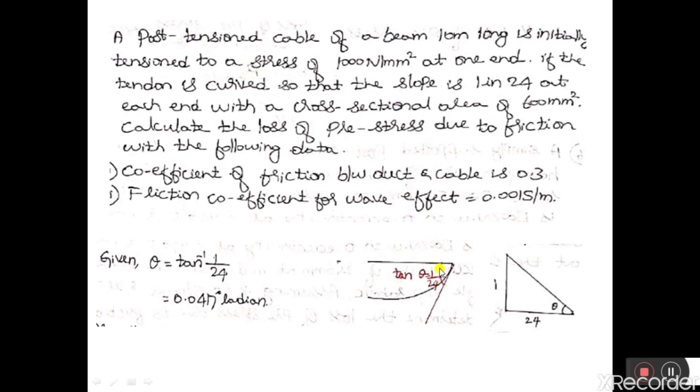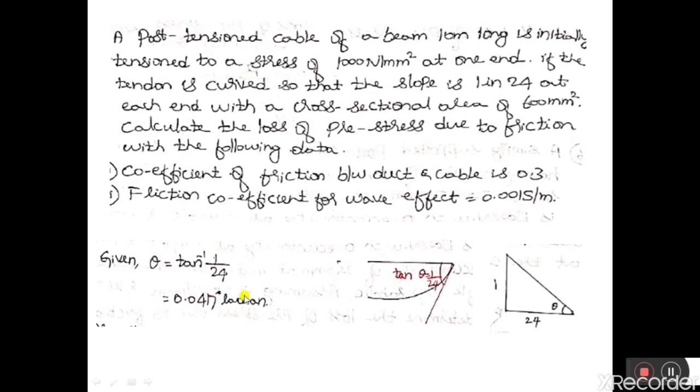This is the slope given, tan theta is equal to 1 by 24. Therefore theta is equal to tan inverse of 1 by 24. Hence theta is equal to 0.0417 radian.